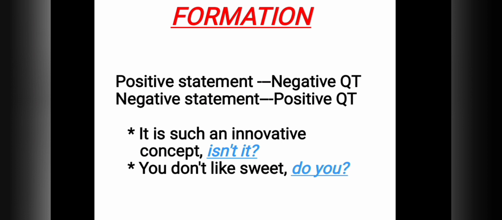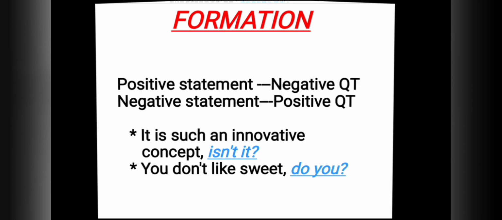Here the statement is positive, so we are adding a negative question tag, that is, isn't. You don't like sweet, do you? The second statement is in negative form, so we have to add the positive question tag. So, a positive statement takes a negative question tag, and a negative statement takes a positive question tag.